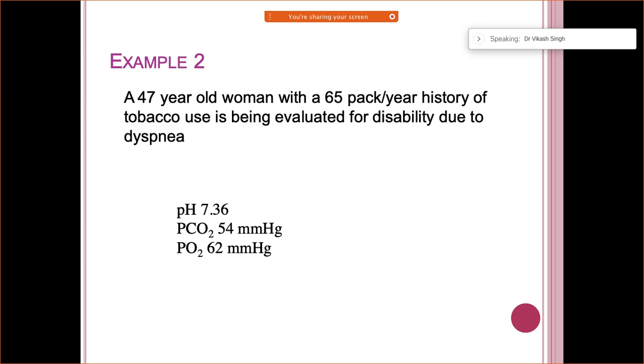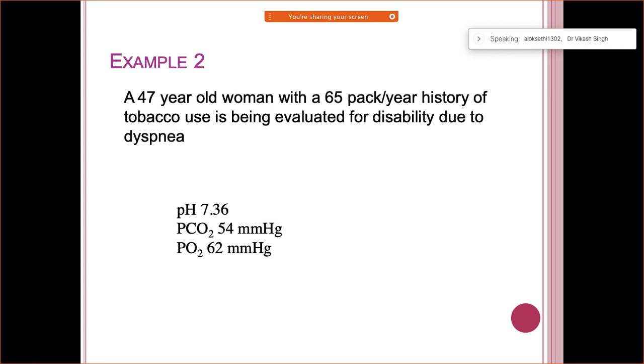Is it normal or abnormal? This is normal, but we can evaluate as a COPD patient. Okay, I can see two people trying to speak. pH is normal. Then what about the PCO2? Okay, I'm already getting some answers as well.